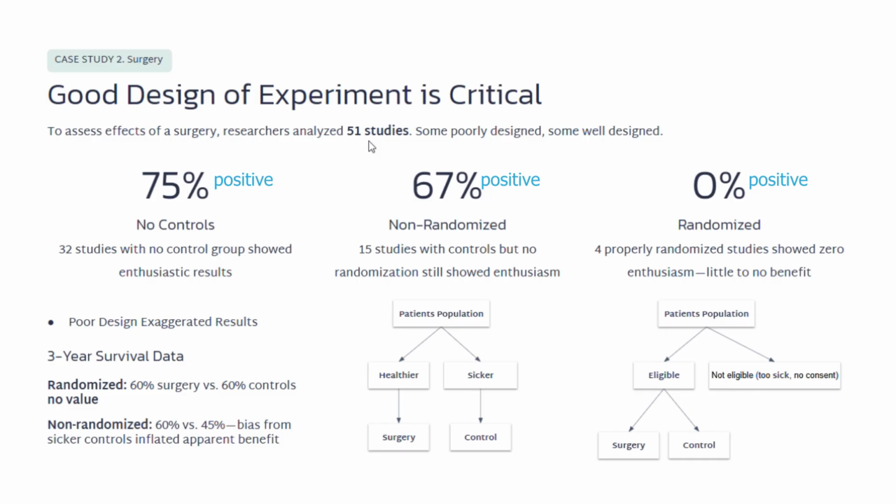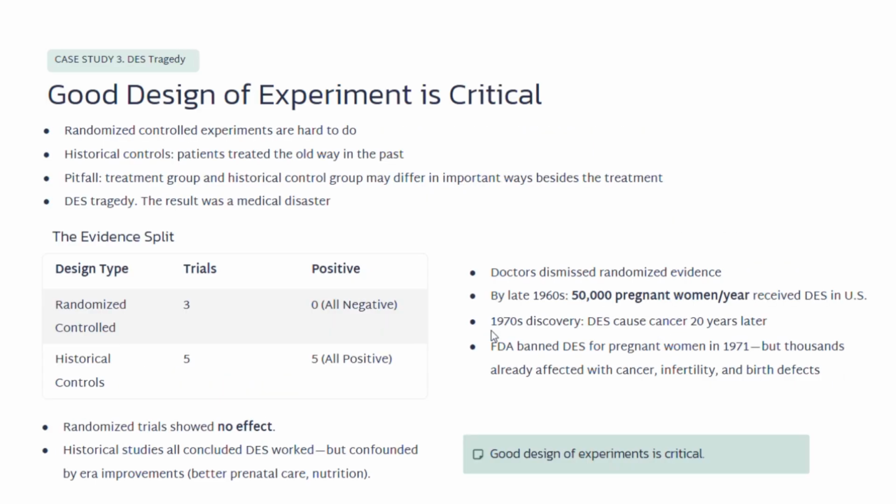Then, as a third case study, we have the case of the DES tragedy, to emphasize that the good design of experiment is super important, and if not followed, can be catastrophic. The point is that sometimes randomized experiments are hard to do.